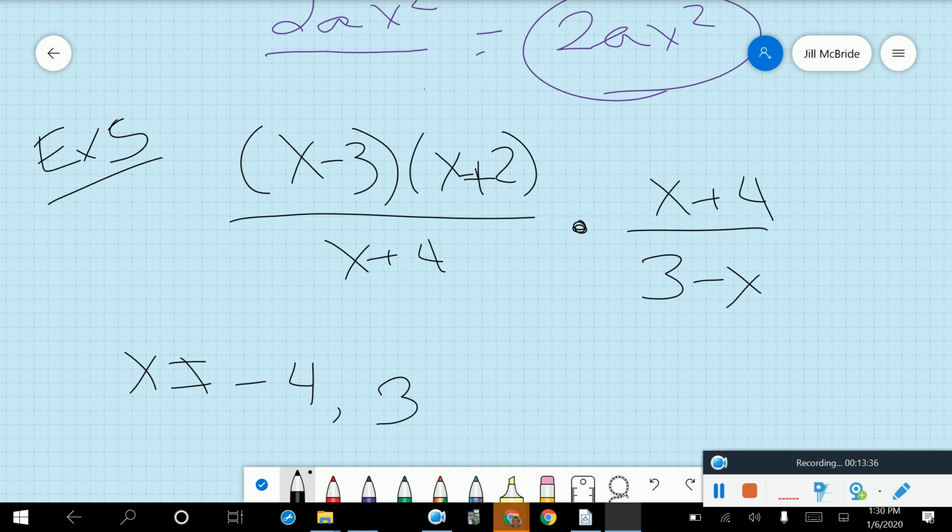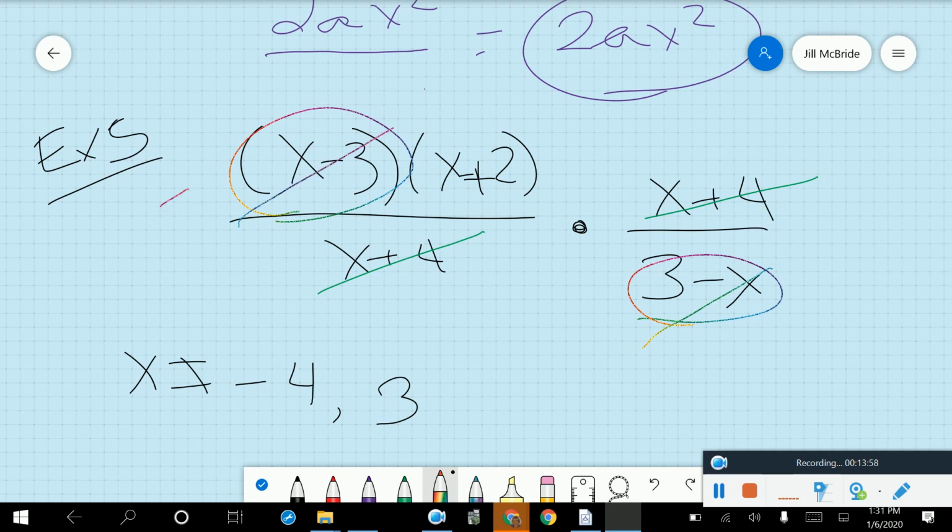All right, now I'm going to start canceling, but something funny happens with this one. This x plus 4 could cancel with this x plus 4. Okay, now the x minus 3 and the 3 minus x, we wish they would cancel. And we actually can cancel them.